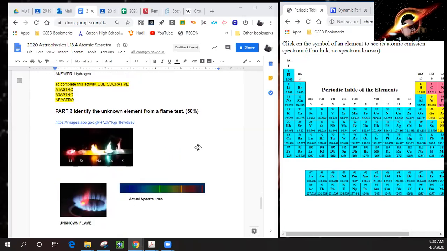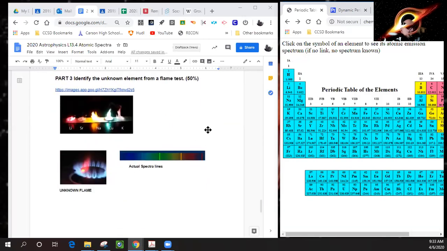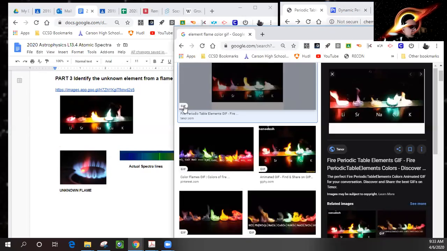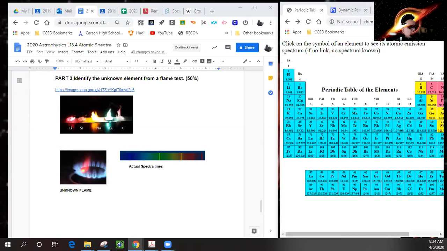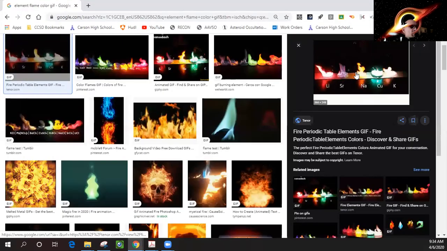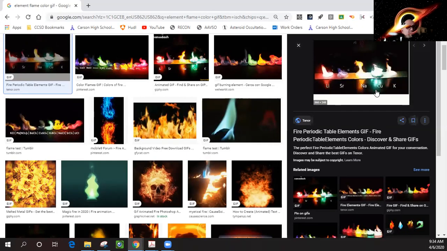The next one is called the unknown flame test. This is stuff that we would have done in class if we were in class. Here we have this flame test. Let me slide this over a little bit and click on this. Here we have lithium, strontium, sodium, copper, and potassium. If they're on fire, they have these colors.